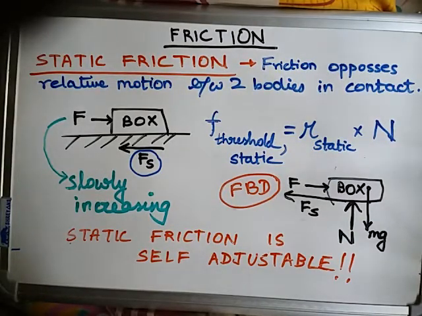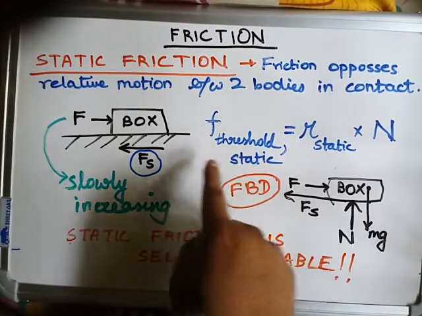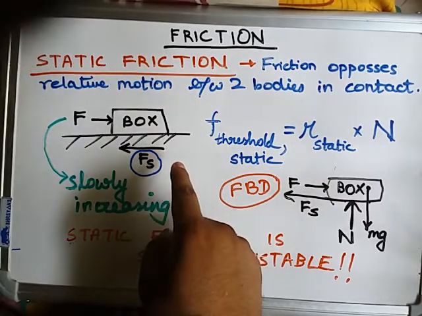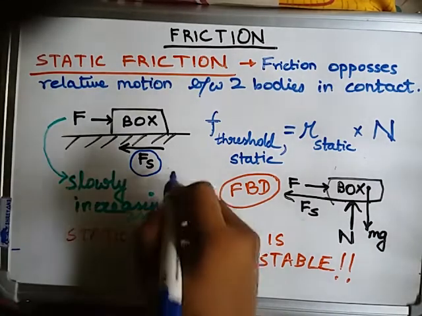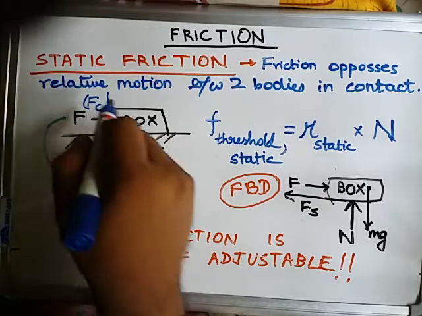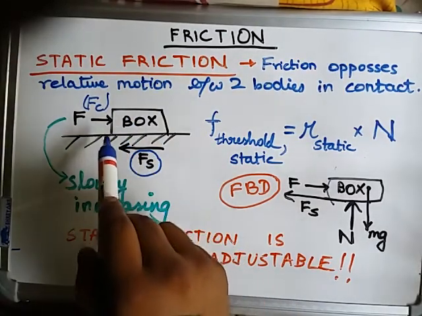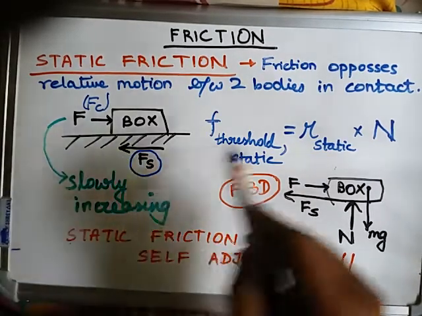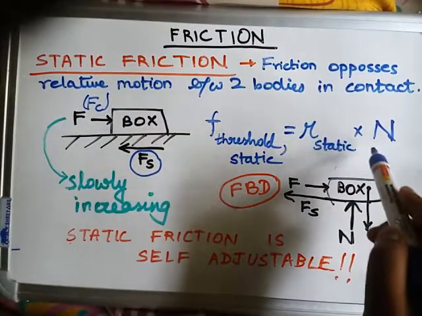The threshold static friction is the maximum friction in the static state, that is when F acquires Fc, till which the relative motion is 0. The maximum static friction, F threshold static, is equal to some constant times the normal reaction.